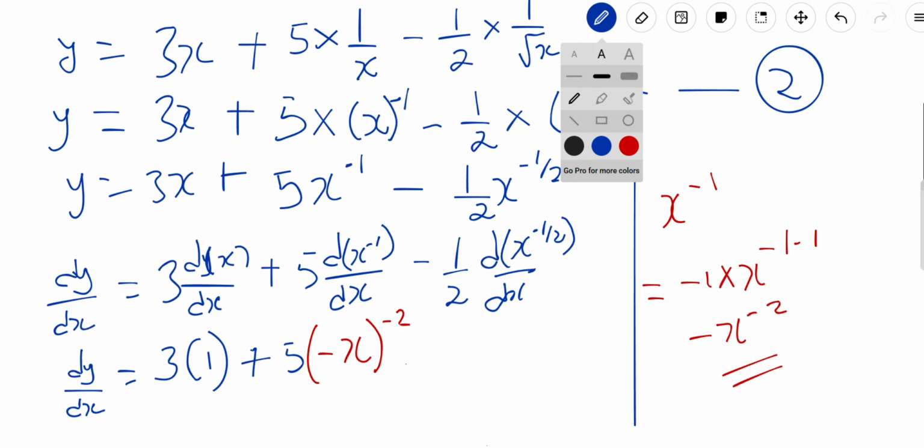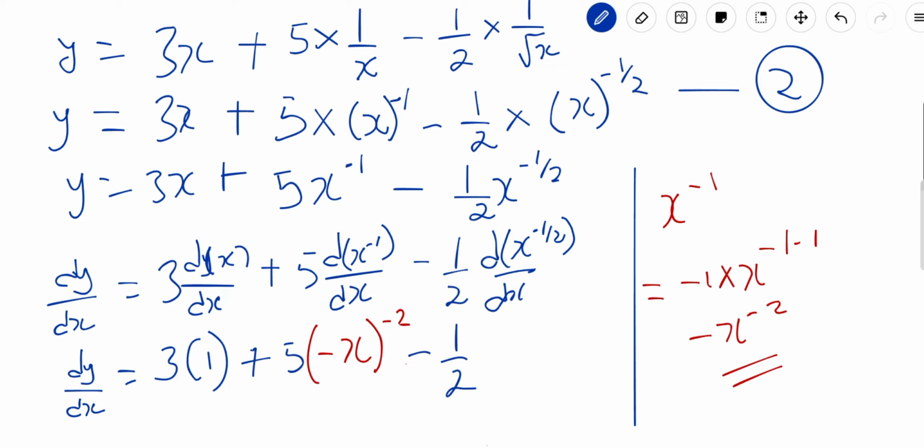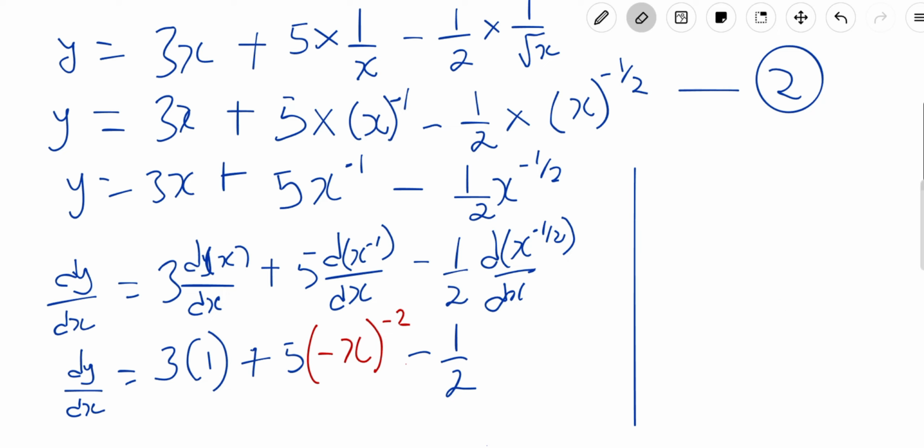And then I'm going to proceed by saying 1 over 2. If I differentiate x to the power of negative 1 over 2 using the power function rule, it is going to be negative 1 over 2 multiplied by x to the power of negative 1 over 2 minus 1.